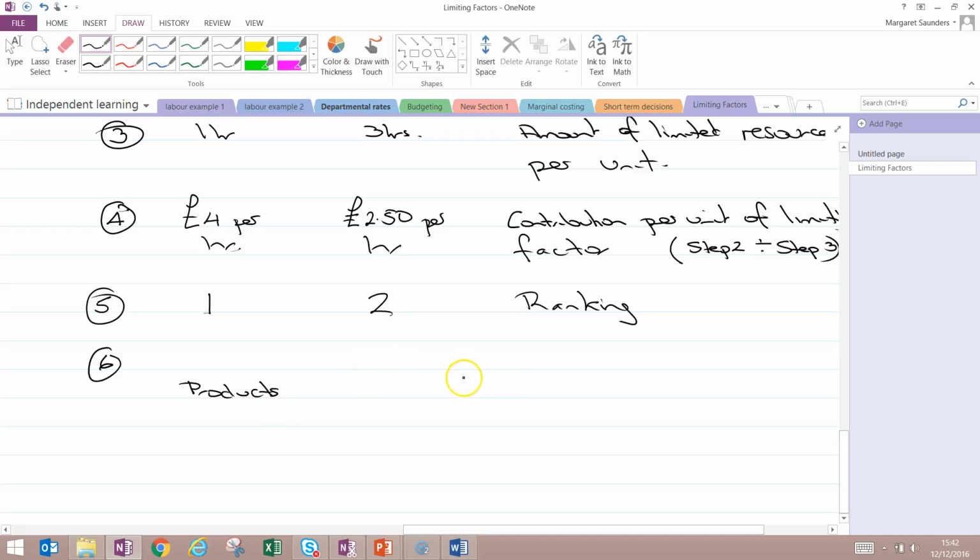We need to consider how many we're going to produce. We need to consider how much resource we're going to use and how much we will have left over.